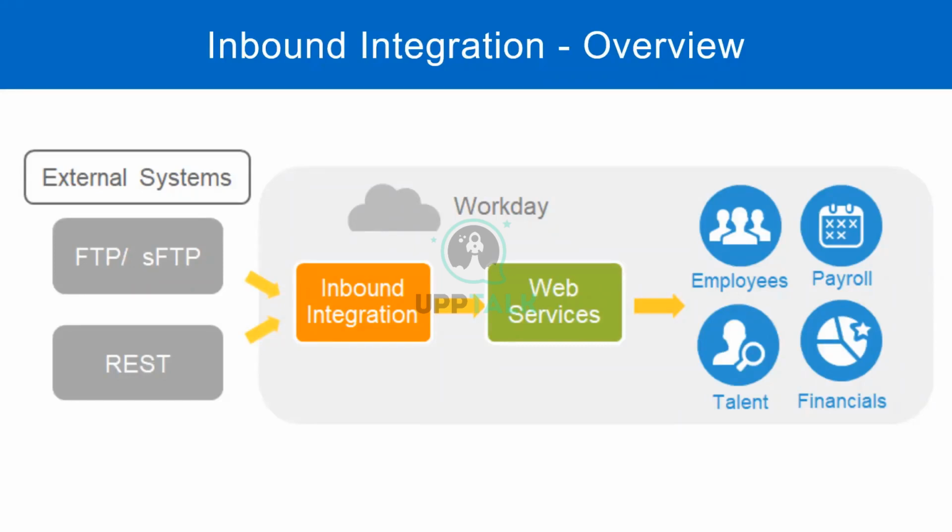It can be employee data, payroll data, talent data, financial data, whatever type of data it is. We will get it from the external system, do some transformation if necessary, and using the web services, we will update the data at the back end, in the different functional areas. This is the inbound one.